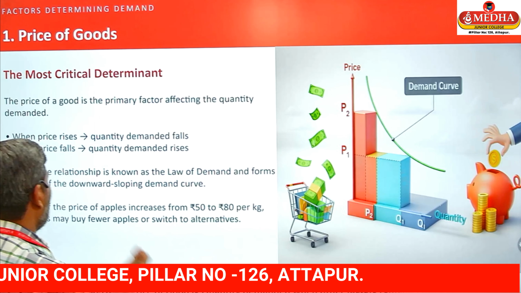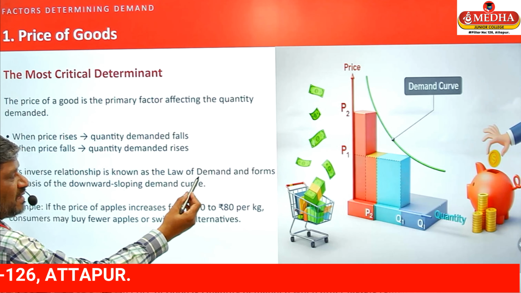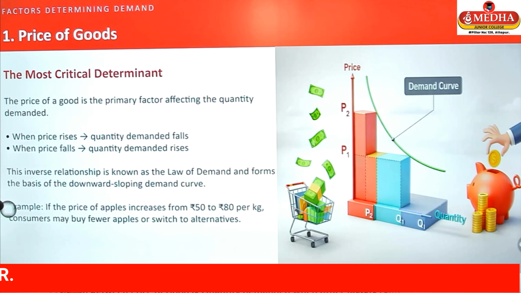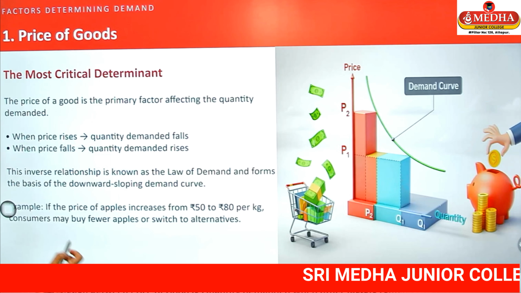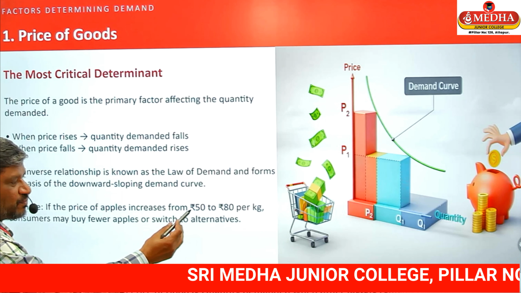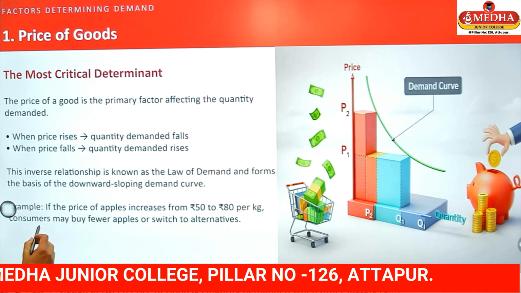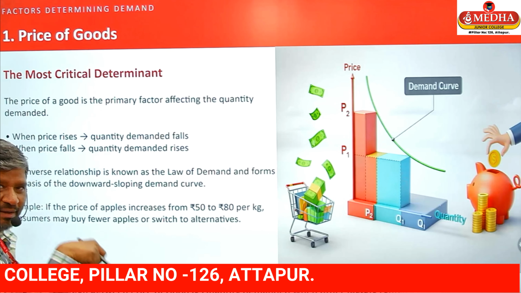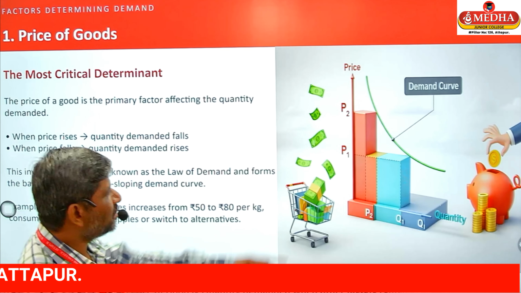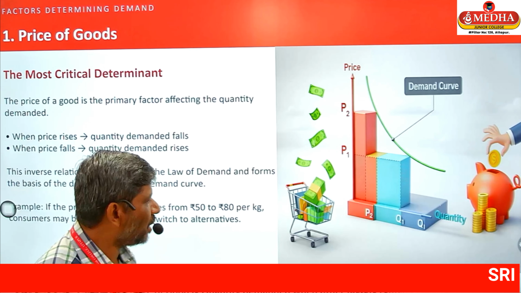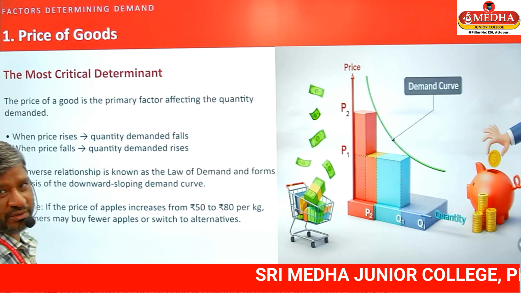It shows an inverse relationship, which is also called the law of demand, because it is a downward sloping demand curve. Here you can see if the apple price increased from 50 to 80, due to that, quantity demand of apple will decrease and he will go for the alternatives. This is how the demand curve is drawn on the basis of price of goods.